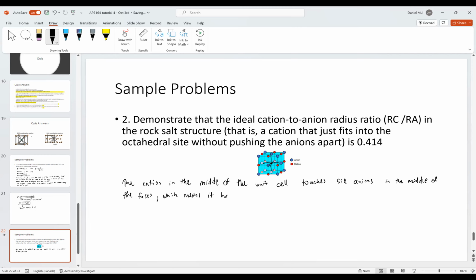It has coordination number 6. We showed that before. They're not being pushed apart, then they touch as well.